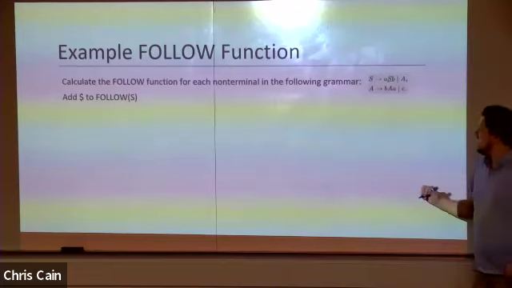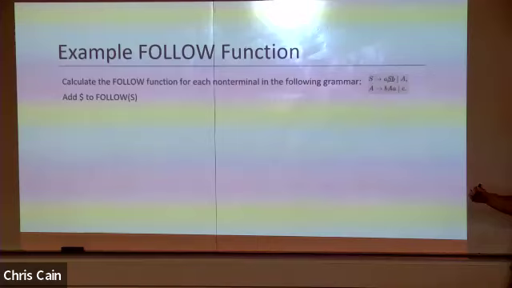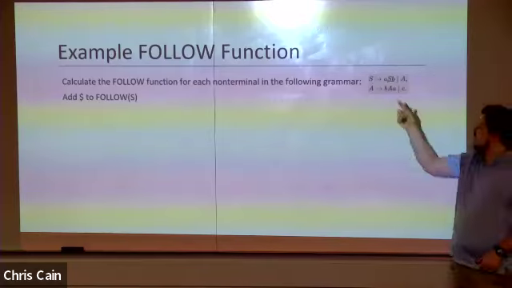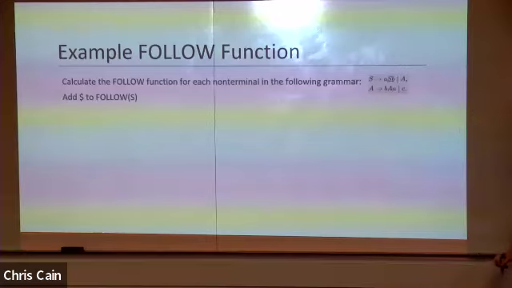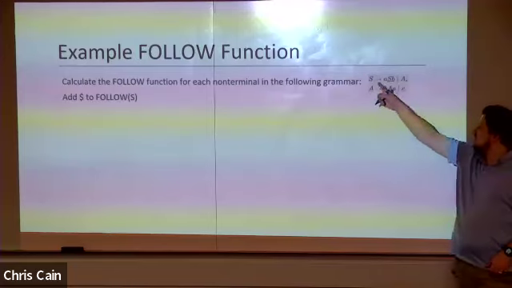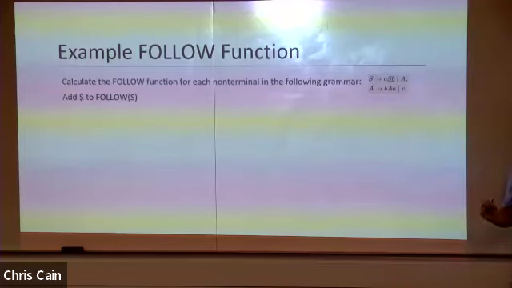So we can see that once we finish figuring out what S is, B could follow S. But since S could immediately derive A, we know that whatever follows A could also follow S.